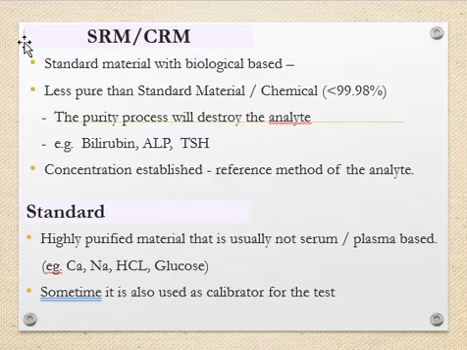So for standard reference material SRM or certified reference material CRM, it is a material with biological base. It is less pure than standard material, or chemical, with the purity less than 99.98%.